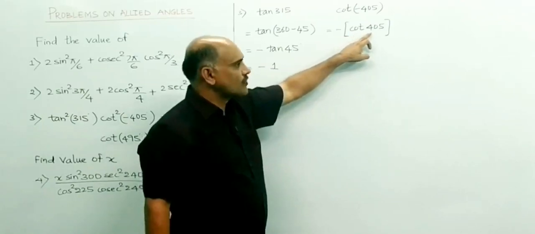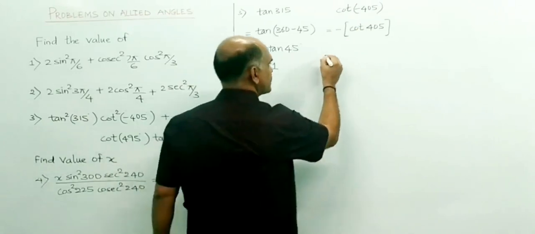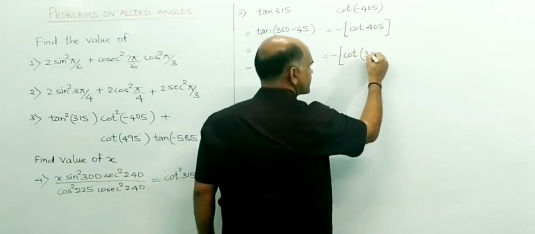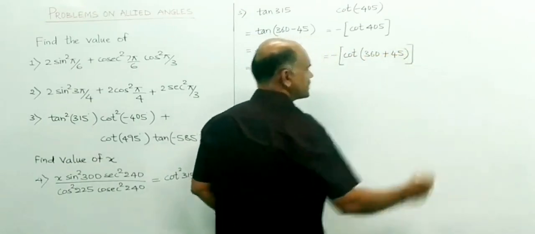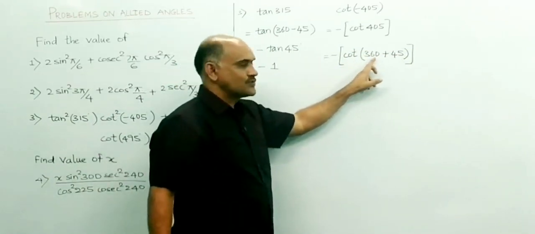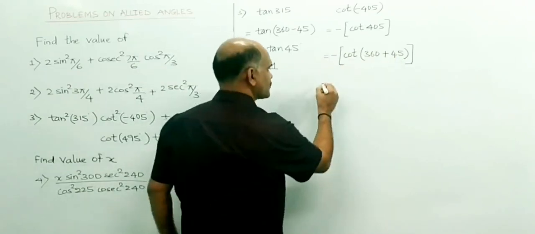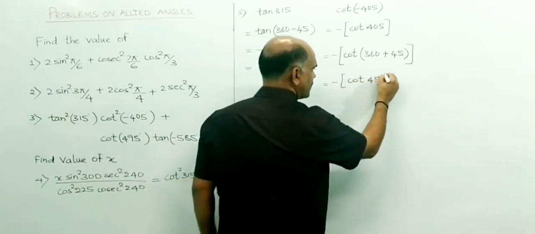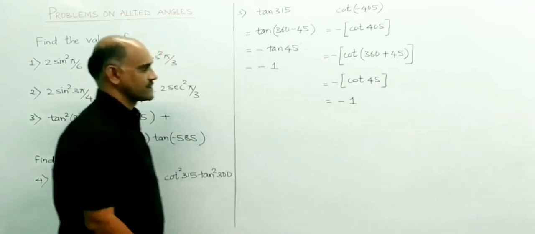So, cot 405. Now, 405 is greater than 360. So, I can write it as minus cot 360 plus 45. Again, n into 360 we leave this term. Only 45 remains. So, this is equal to minus cot 45. Cot 45 is 1. So, this answer is minus 1.